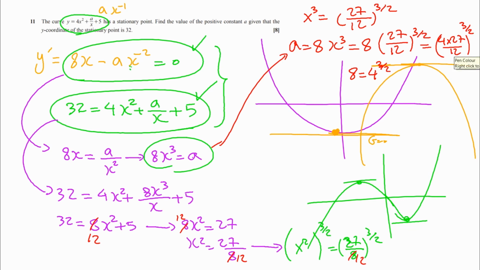Now, there's some simplification here: 4 and 12 simplifies to 3, and 27 over 3 is 9. So this would be equal to 9 to the power of 3 over 2, and this would be 3 to the power of 3. And the final answer is 27. So our value for a would be equal to 27.